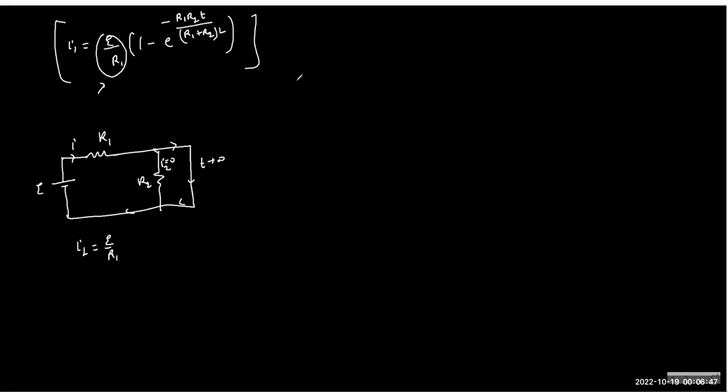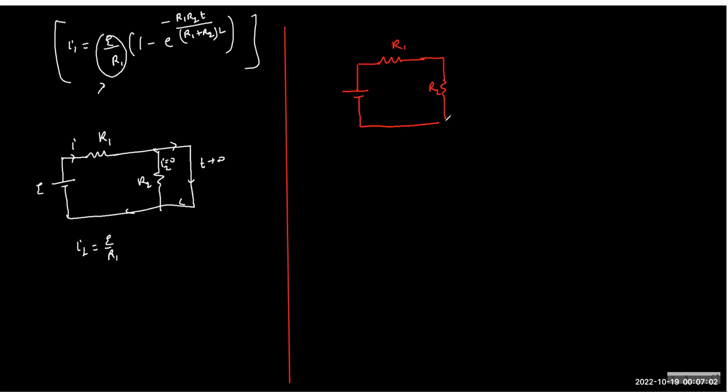And you can do it by the Thevenin method if you remember. You can solve in one line. Just remove the inductor first. So once you remove the inductor, what is the R equivalent?